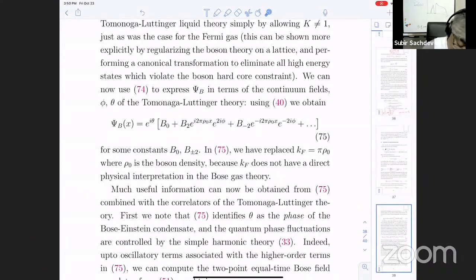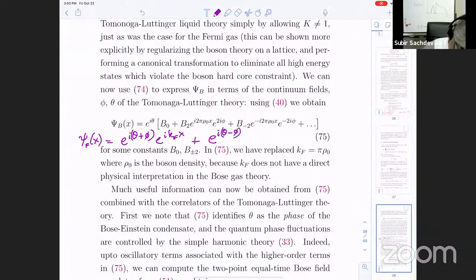So for the fermion field, you recall, psi f of x, the leading important terms were psi right of x, which was e to the i theta plus phi times e to the i kfx, plus psi left of x, which is e to the i theta minus phi or something like that. I don't remember. Or is it phi minus theta? One of those two. Times e to the minus i kfx.